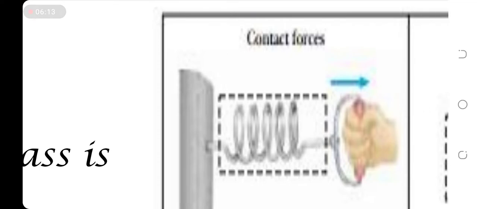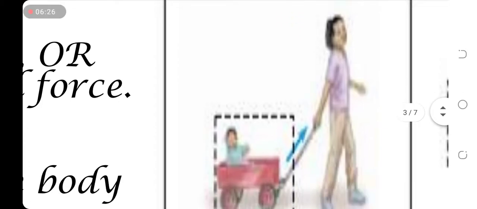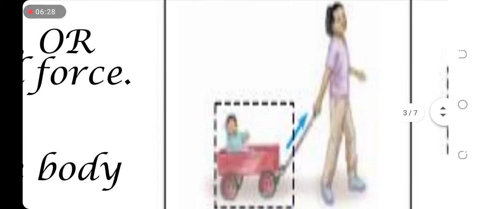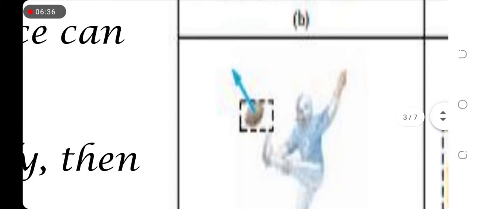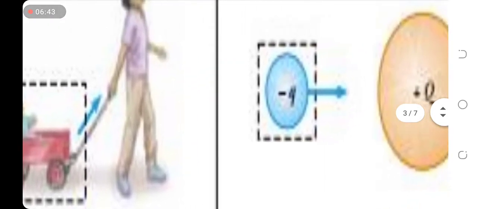If we apply a force in the direction of the blue arrow, we will be able to pull the spring. Similarly, if we apply a force on a cart by a string, along the string, we are able to move it. If we apply a force on the football, it will be kicked in the direction shown. Some other examples too.